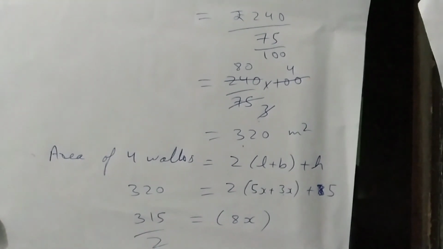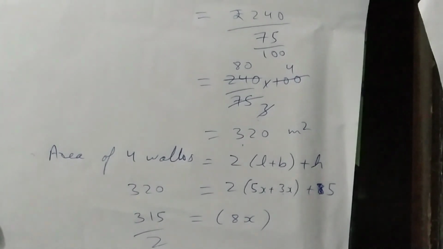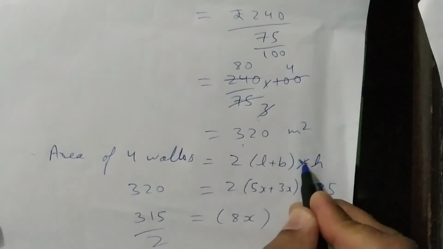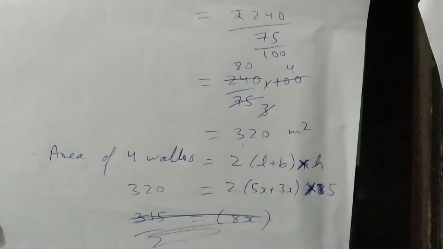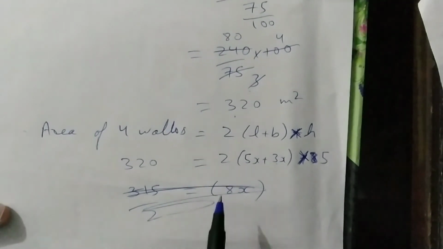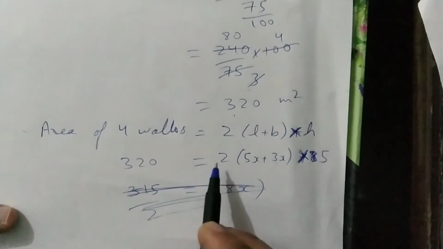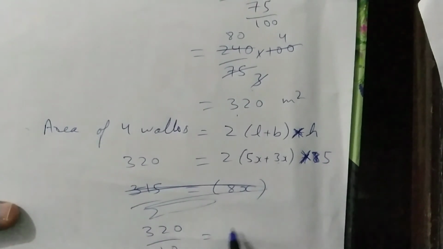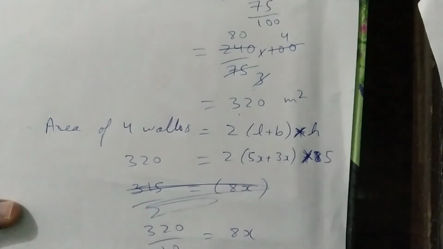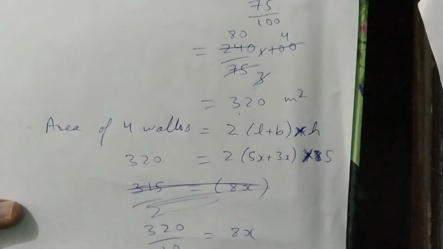Okay, I think I have made a little mistake. So here it is multiply, not plus. So this will become 2 into 8x into 5, that is 80x.